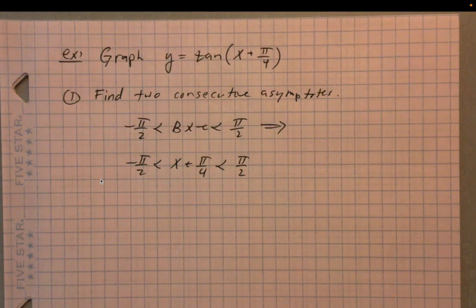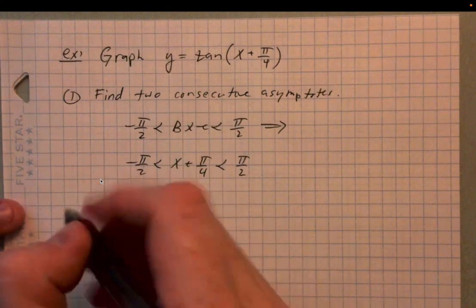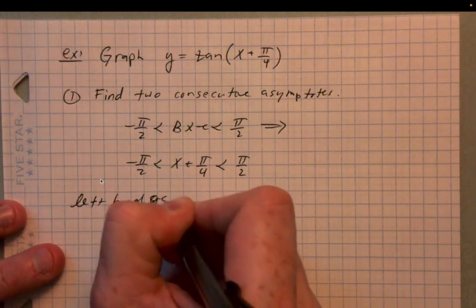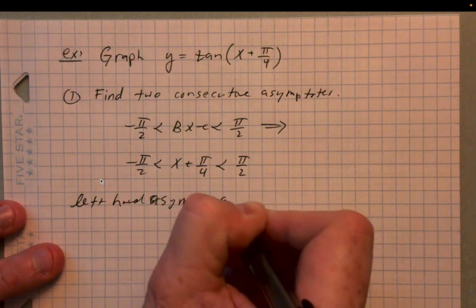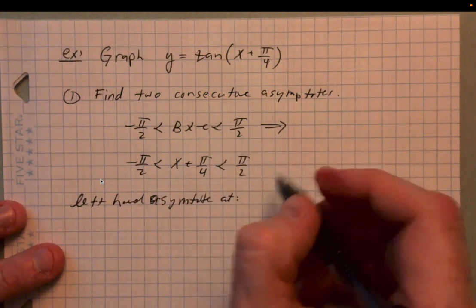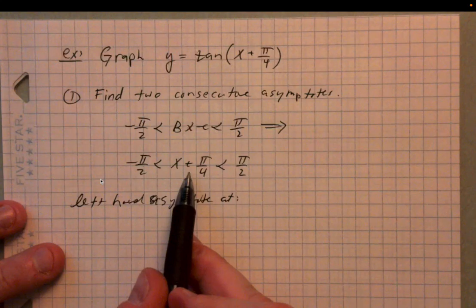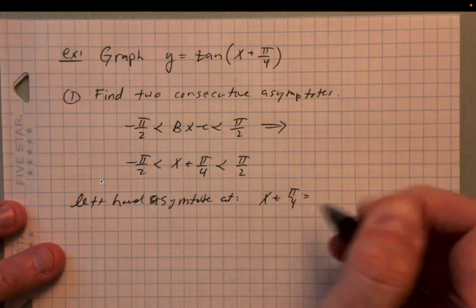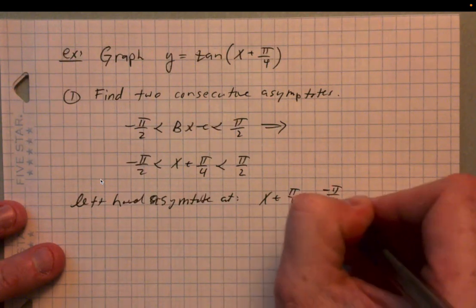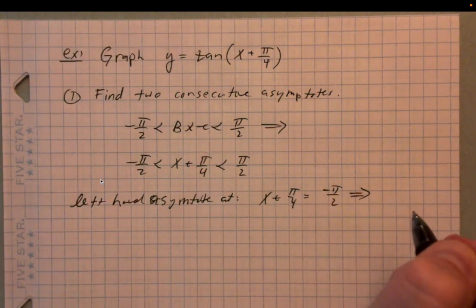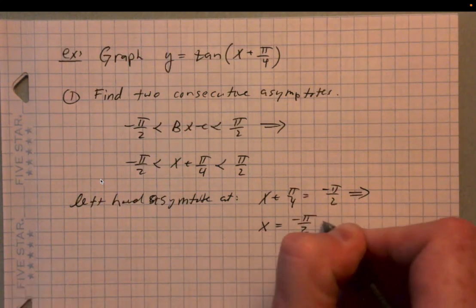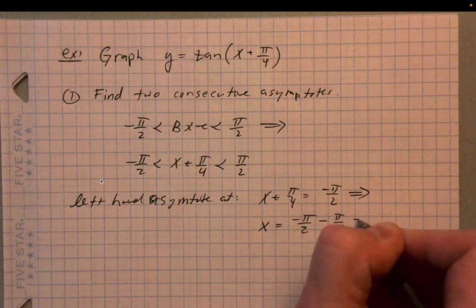Okay, and so what ends up happening here, we're going to have a left-hand asymptote at x plus pi over 4 equals negative pi over 2, right? And so we could just do the math here, and we could see that that means x is equal to negative pi over 2 minus pi over 4, right?